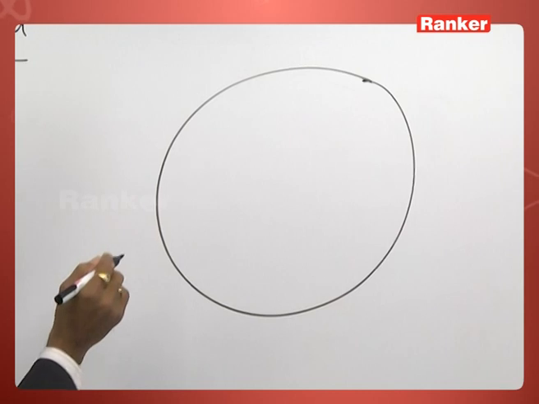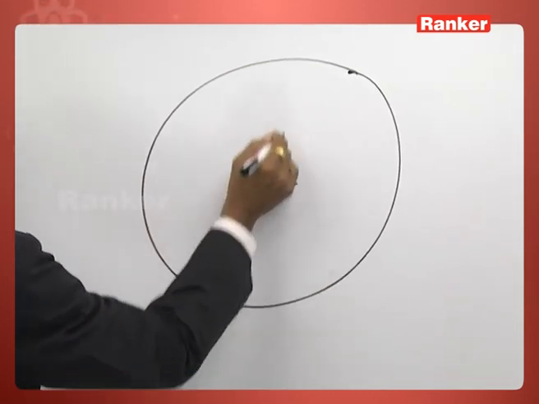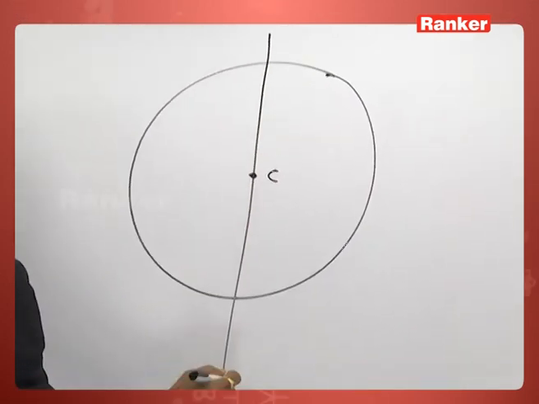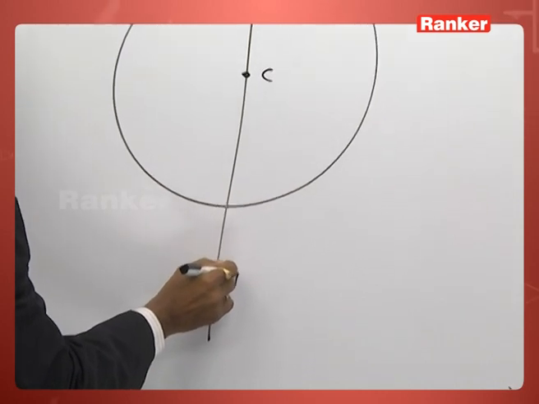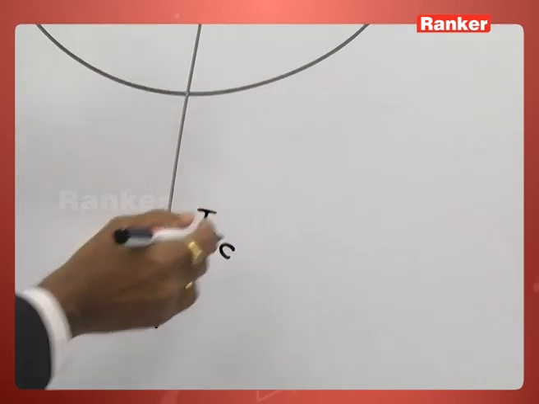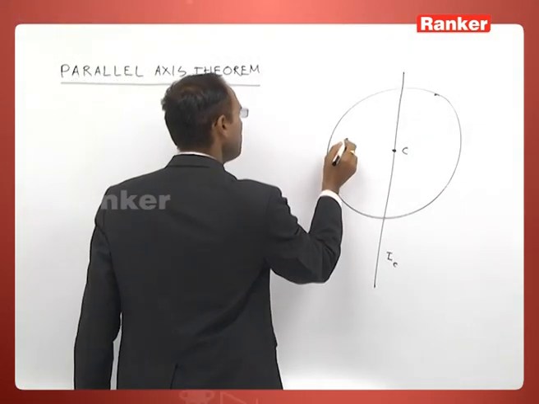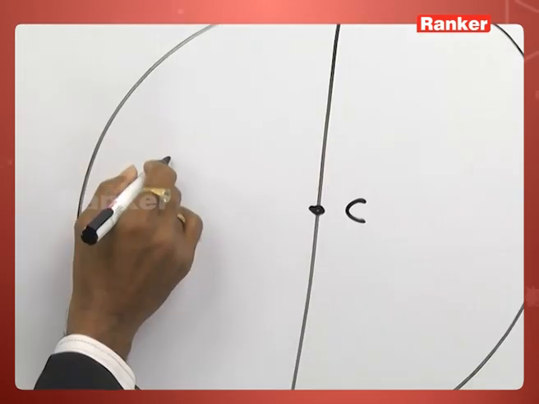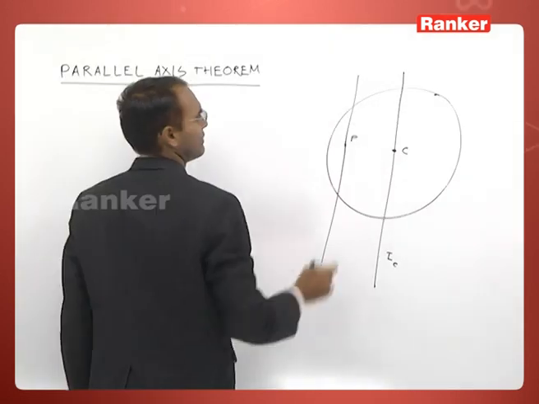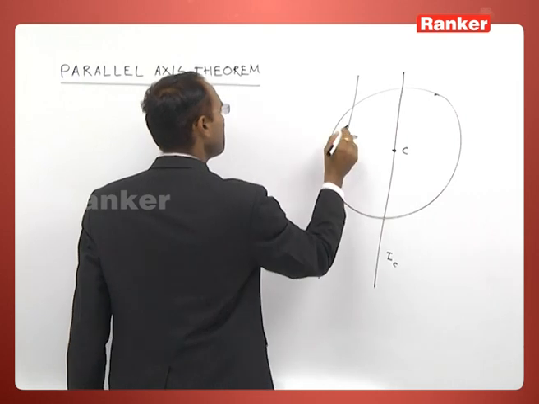in a rigid body, this is the center of mass, an axis which passes through the center of mass, and the moment of inertia about that axis, let it be IC. You take another point P, and let an axis or a straight line pass through that point.